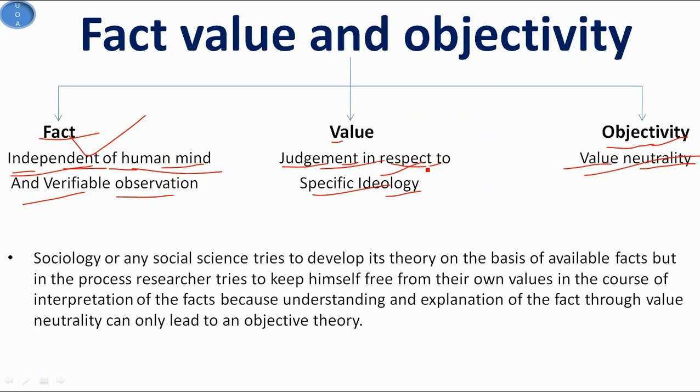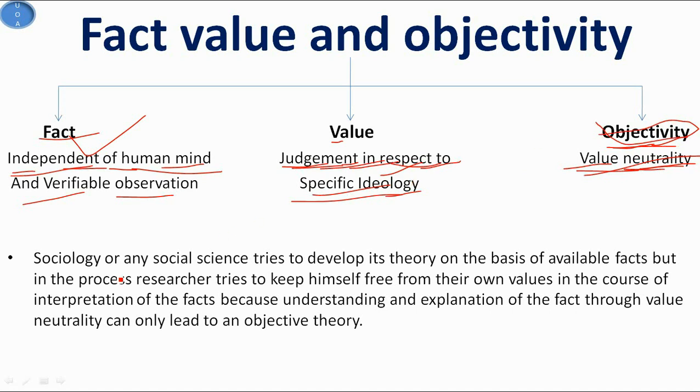In value, we decide that a concept can be right or wrong on the basis of our ideology, which we have inherited during the process of socialization. And objectivity is the phenomenon in which we are neutral with respect to our values.